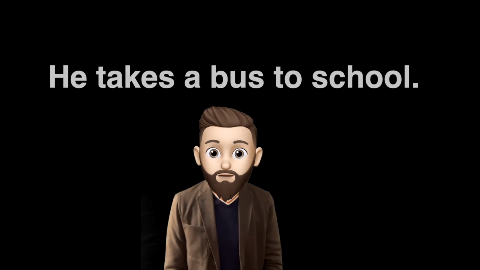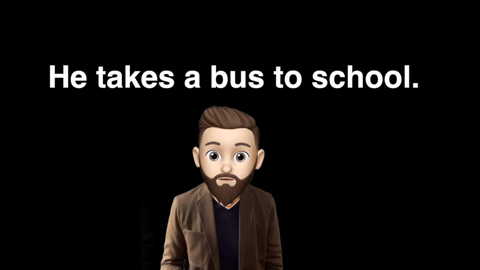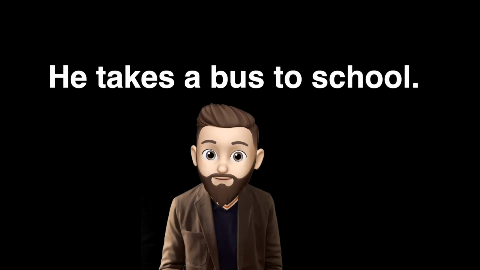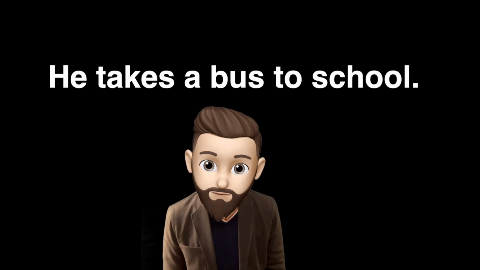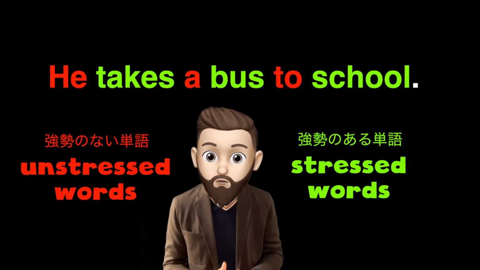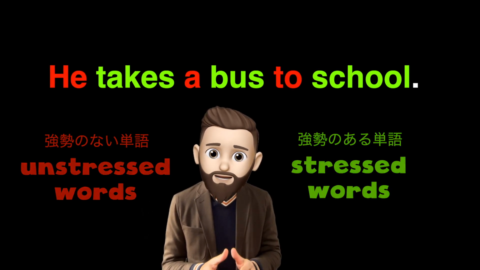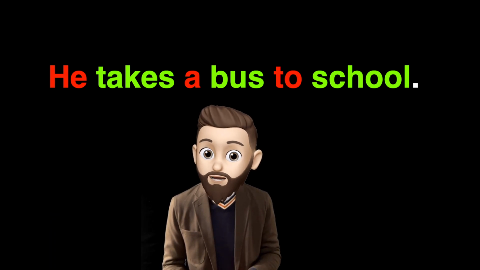Okay, so if we pronounce this sentence with all strong forms, "he takes a bus to school." That's not so natural, right? Natural English is going to have stressed and unstressed words in a sentence. So we need to change some of these to schwas, to their weak forms.